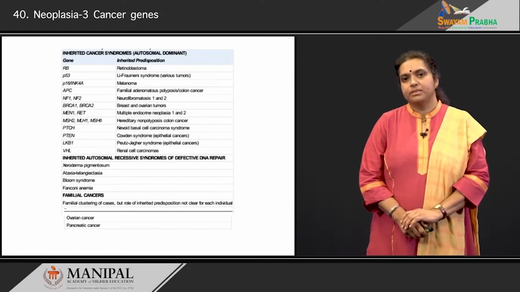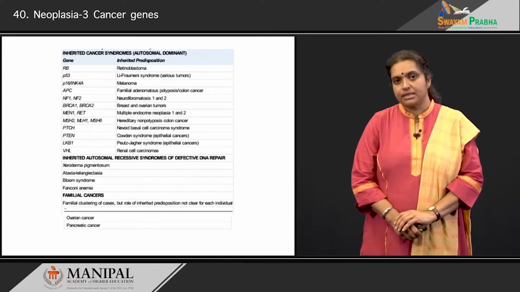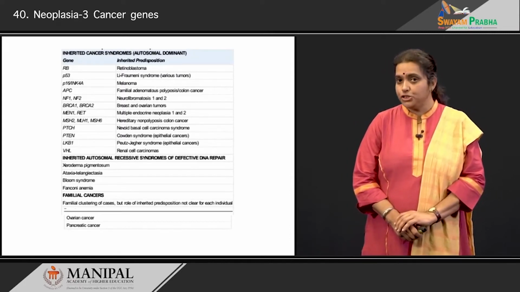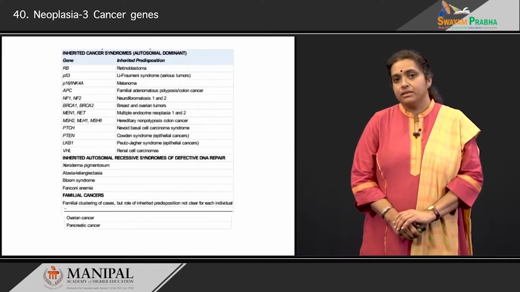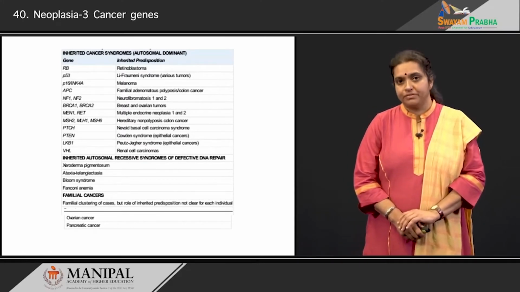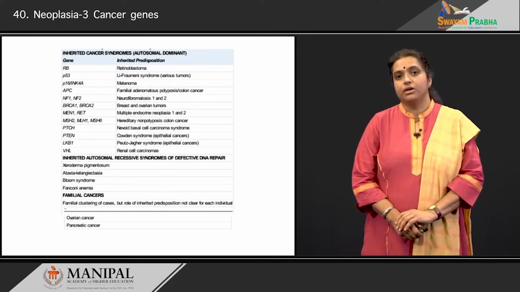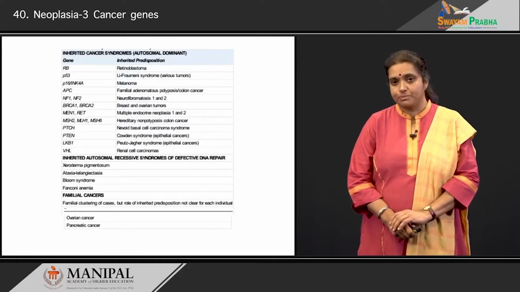Then it can be transmitted from one generation to another. Otherwise, the genetic alteration occurs sporadically during the lifetime of an individual, and it causes cancer, and those genes are not transmitted to the offspring.